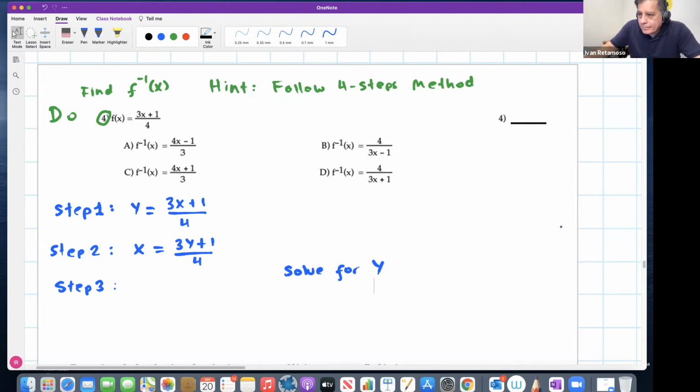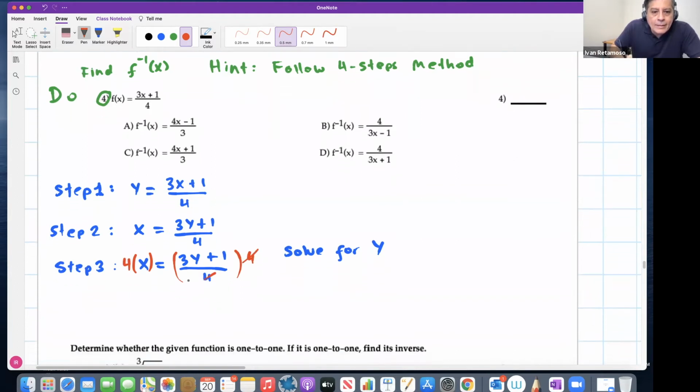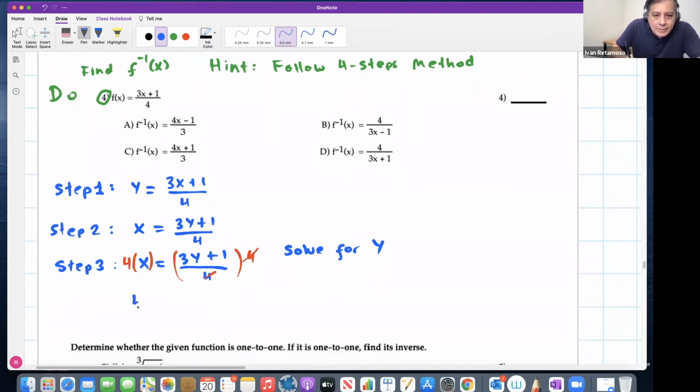Okay, guys, let's continue then. Step 3 should be solve for y, right? So we're going to start with this. I'm going to eliminate this denominator 4. For that, I'm going to multiply both sides of the equation by precisely the number 4. I want to get rid of this denominator. As a consequence, I will get 4x equal 3y plus 1.